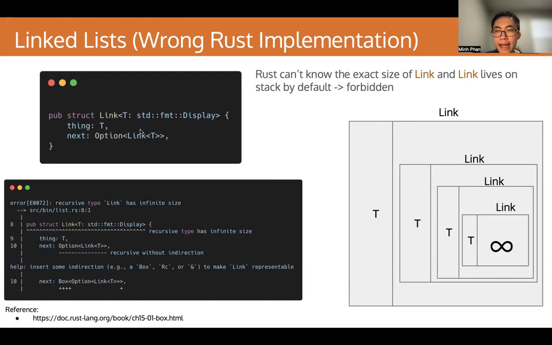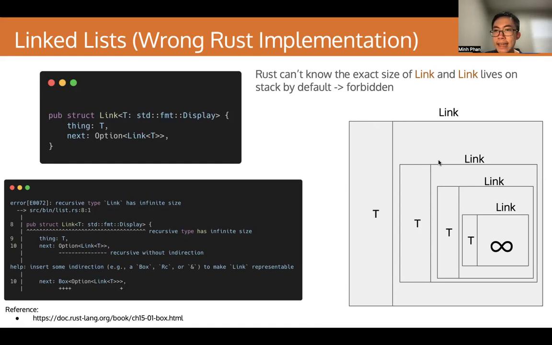The problem here is that the Rust compiler does not know when this infinite storing of links will actually stop. It may stop after 3 links, 4 links, 5 links, or it may never stop. So Rust cannot know the exact size of Link, since the Link can either store another Link inside it, or it may not store anything.